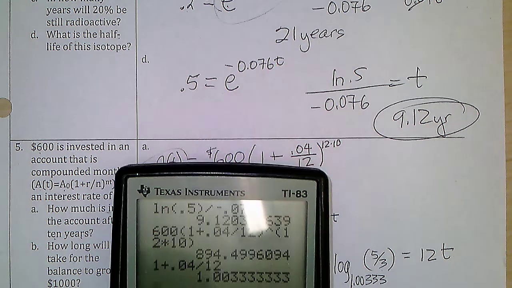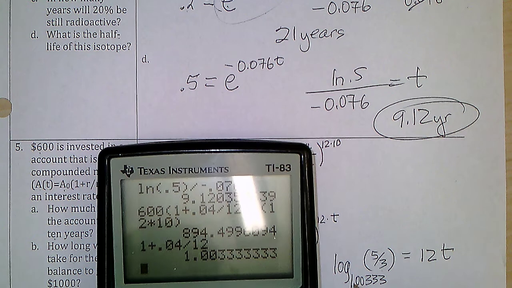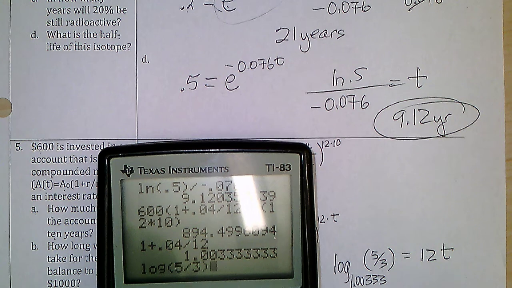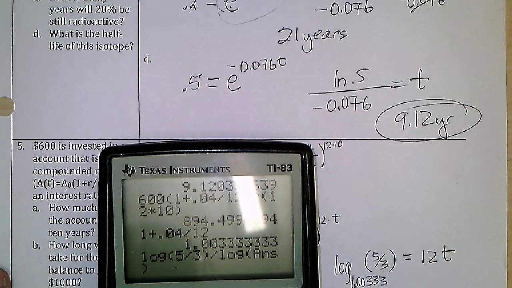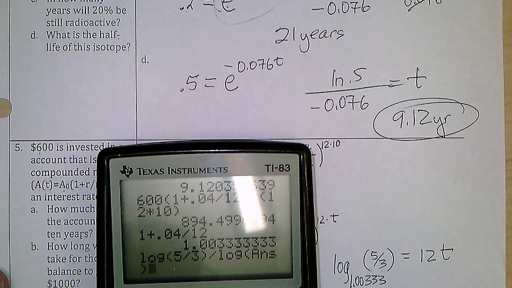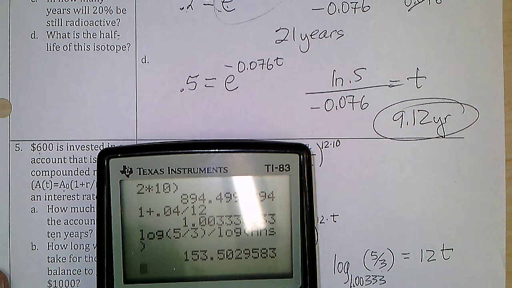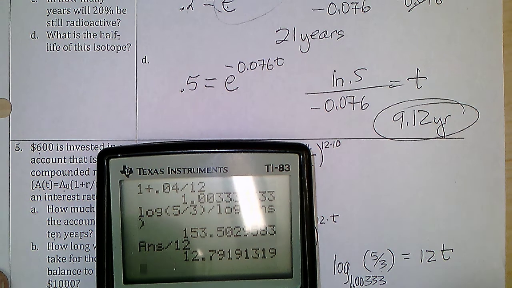To figure that out, I have a log that's not in base 10, so I can do log of 5 divided by 3, divided by log of the base, and that was my last answer. So now I'm going to get a really accurate reading here. That's what this side will be. And then I divide that by 12, and I get 12.79 years.